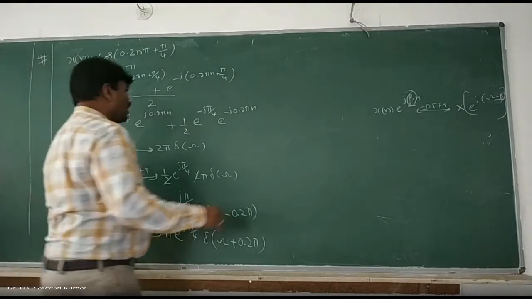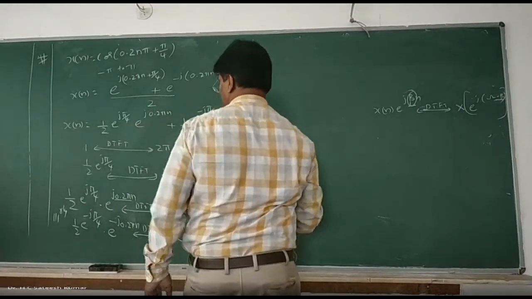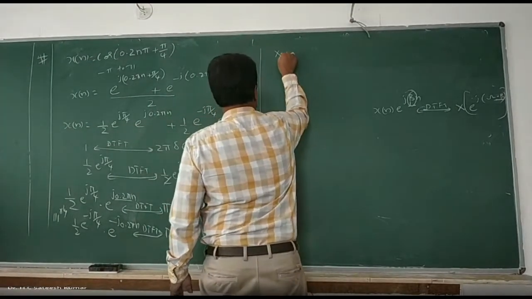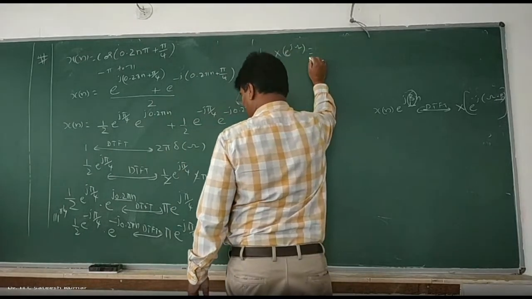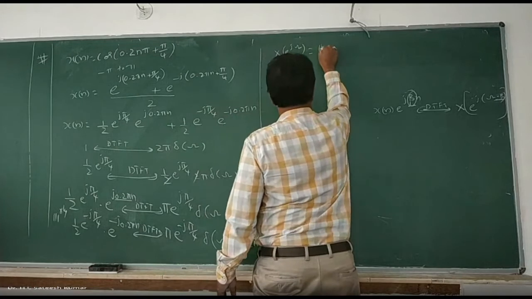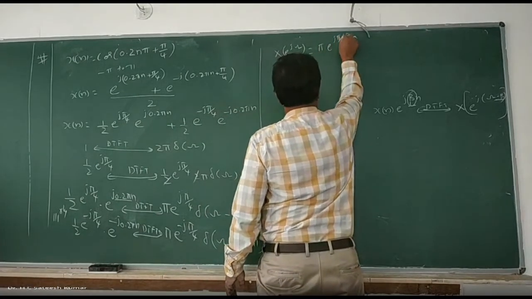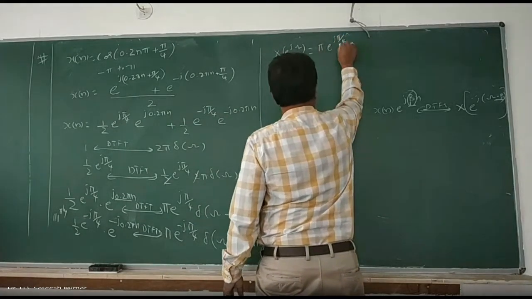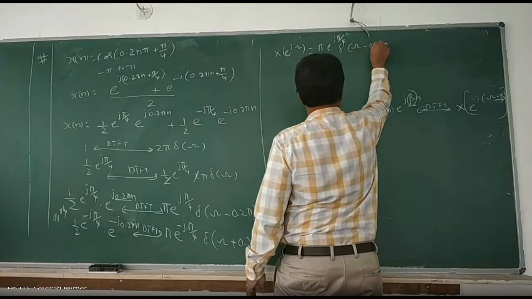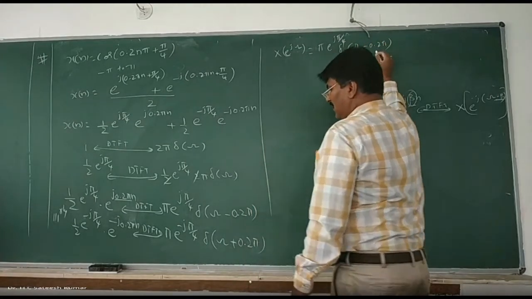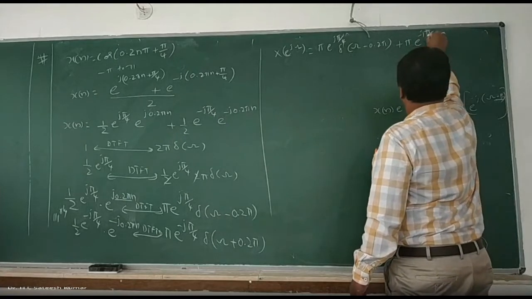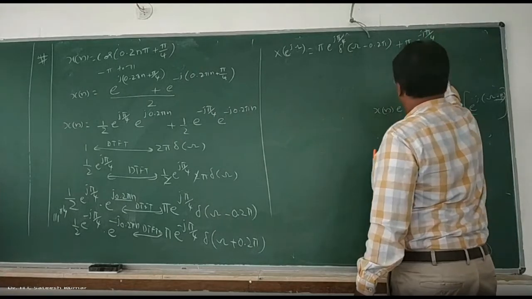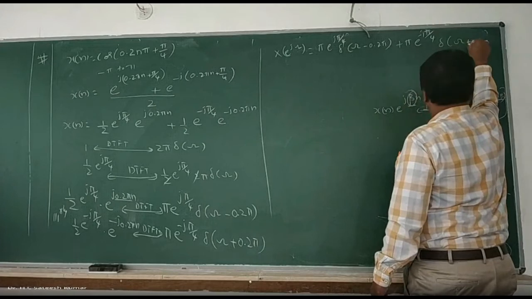Therefore, you can write x of e to the power of j omega is equal to pi into e to the power of j pi by 4 into delta of omega minus 0.2 pi plus pi into e to the power of minus j pi by 4 into delta of omega plus 0.2 pi.